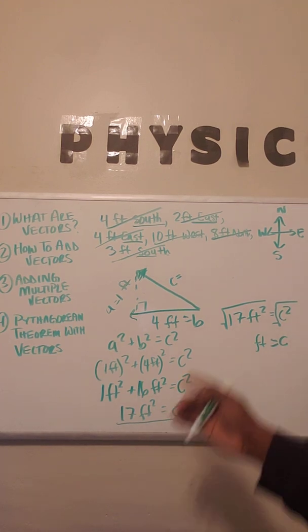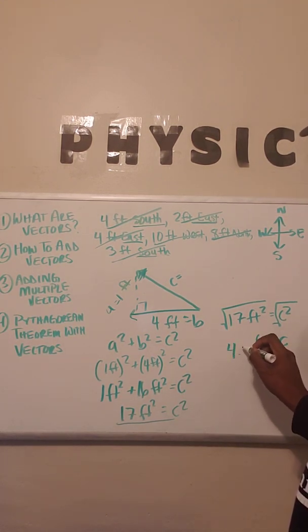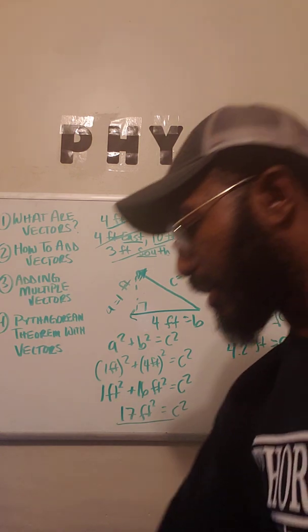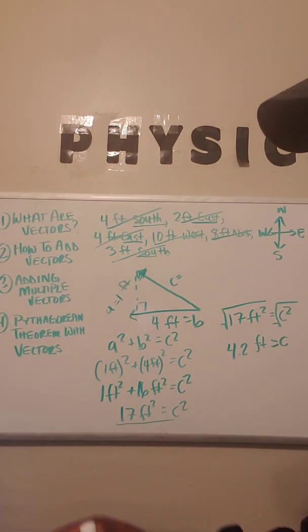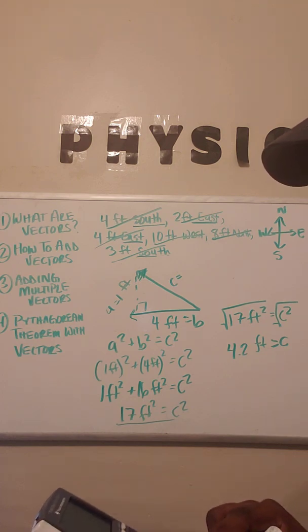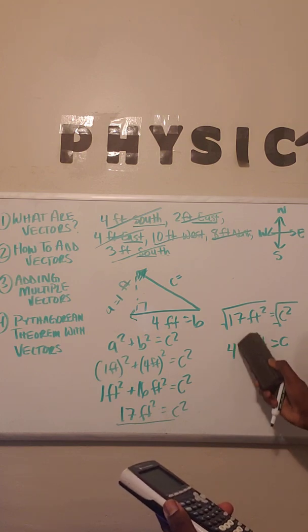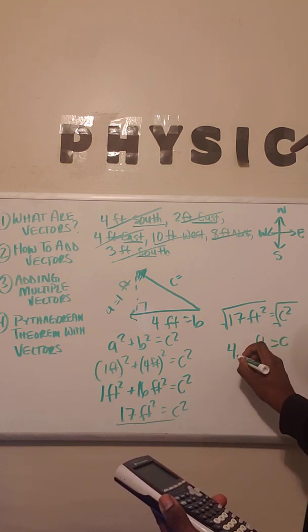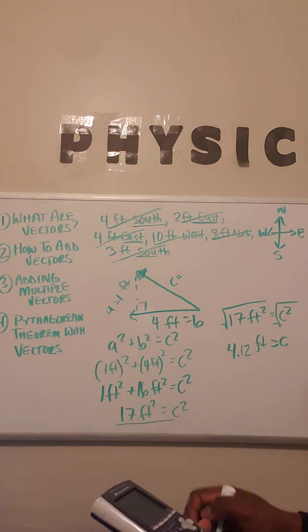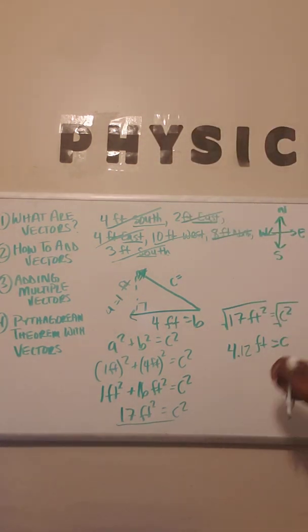Okay, and if 4 times 4 is 16, then maybe our answer is like 4.2 or something. Let me actually throw it into my calculator real quick. 4.123. Okay, so I'm going to round it to the hundredths place. So 4.12 feet is the value of c.